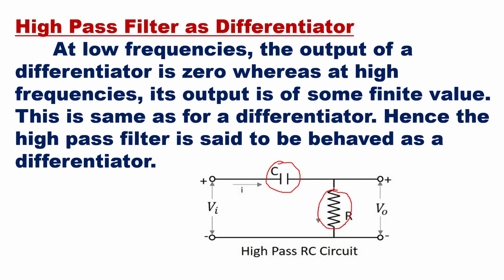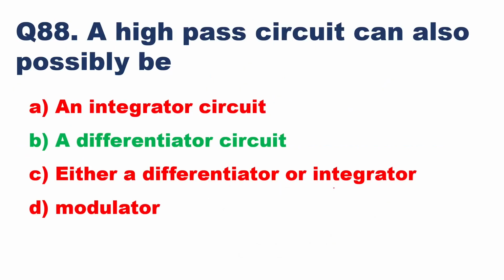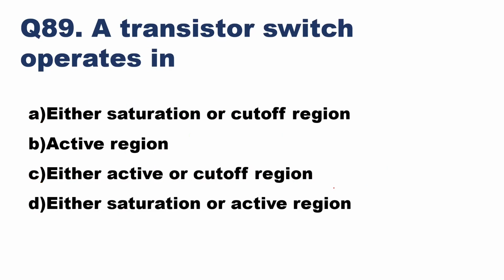Okay. So here, if the capacitor is in series and the resistance is across, then it is a high pass filtering action or a differentiating action. So here you can see option B, high pass circuit can also be a differentiator circuit. So option B is the right answer here. Then we'll go to the next question.